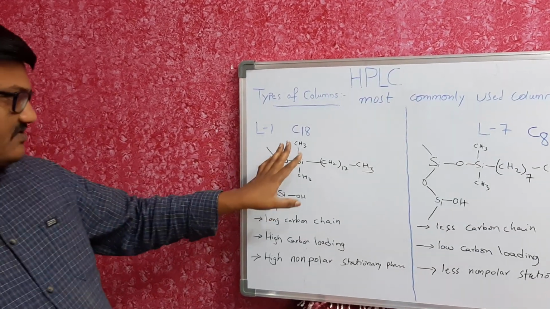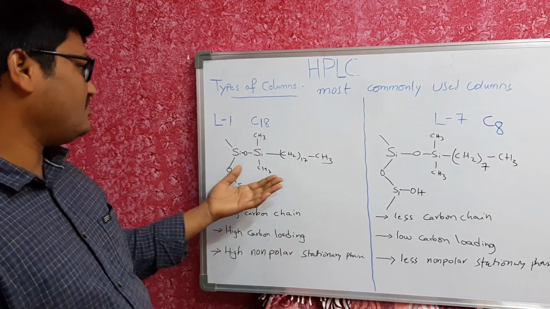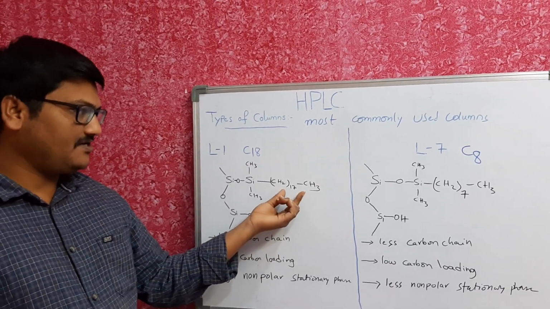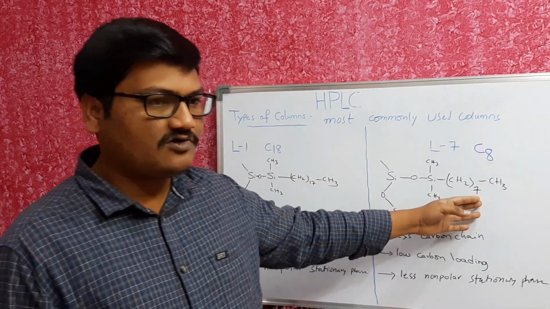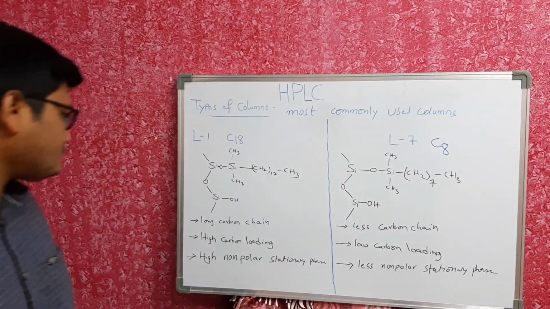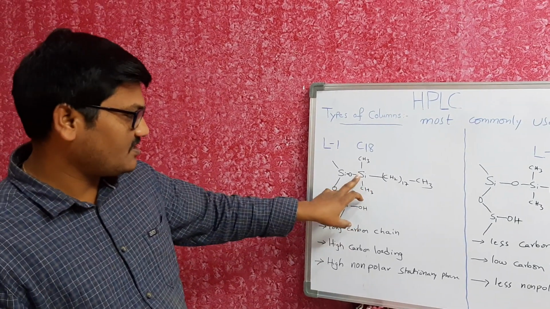This is the difference between C18 and C8 stationary phase. In C18, carbon chain length is 18 and in C8 columns carbon chain length is 8. Here long carbon chain attached to the silicon.